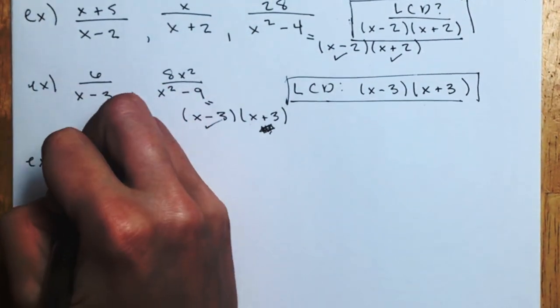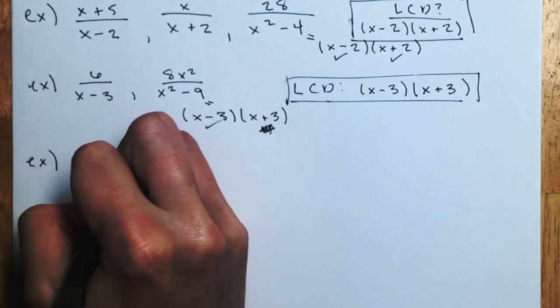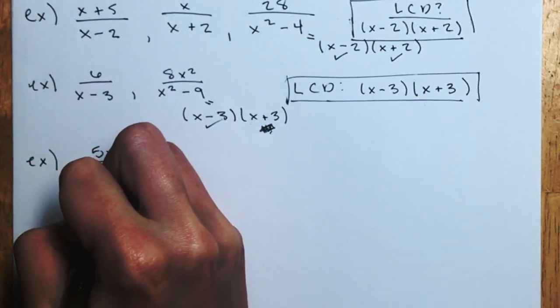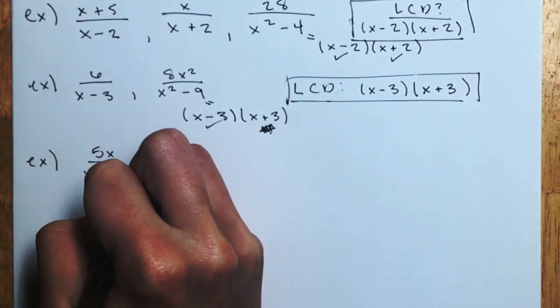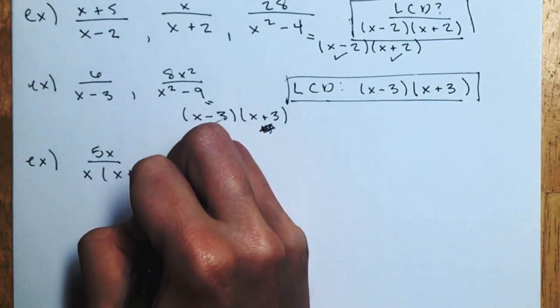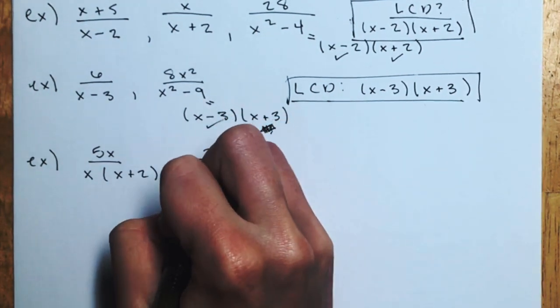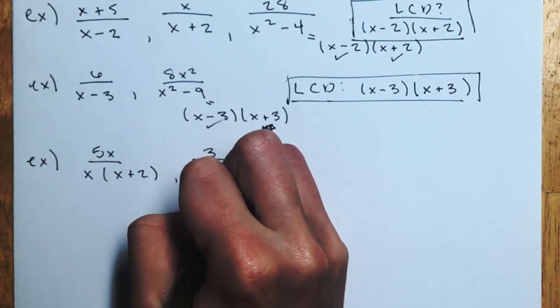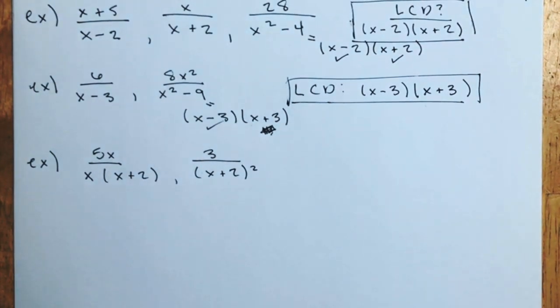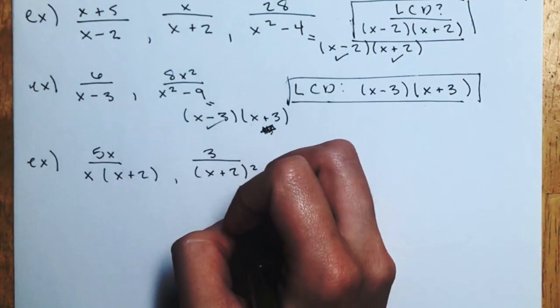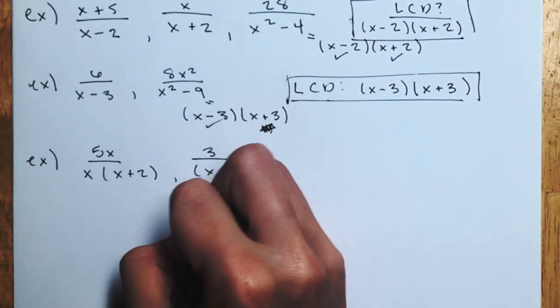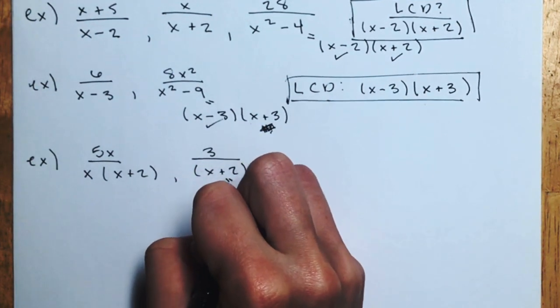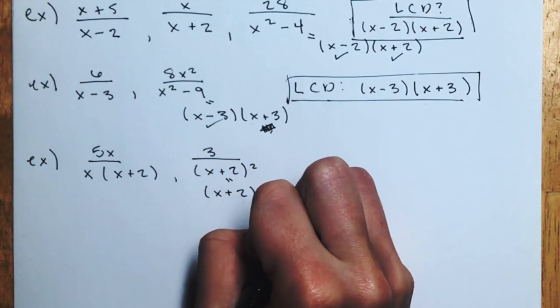Last example I want to bring up is, and 3 over x plus 2 squared. The first thing I want us to notice is what we can split this into. Well, we've got x plus 2 and x plus 2.